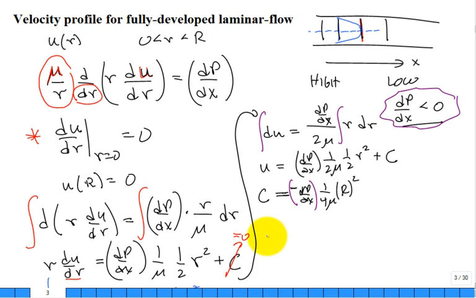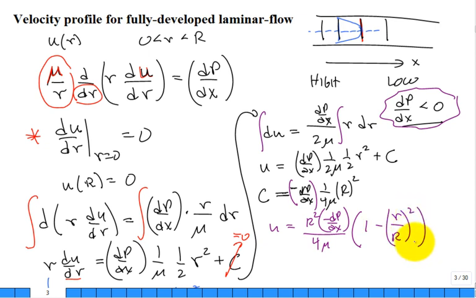So what is the solution then? It's u is equal to cap R squared times negative dp/dx divided by 4 mu, and then you have the 1 minus r divided by cap R, squared.